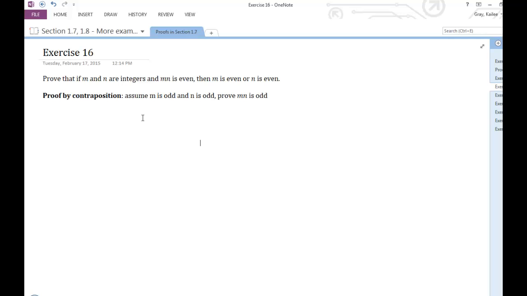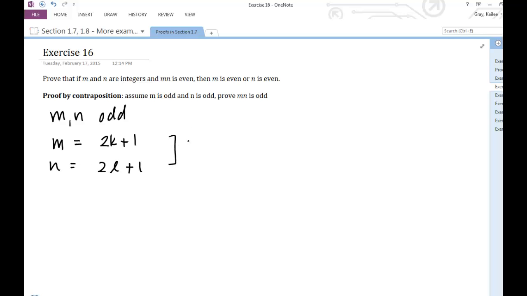So let me set it up for you and talk you through my background info here. Okay, so I'm going to assume m, n odd, and then I'll use the definition of odd integers. Whenever you assume something's odd or even, you're going to rewrite those integers based on the definition of even or odd integers, right?